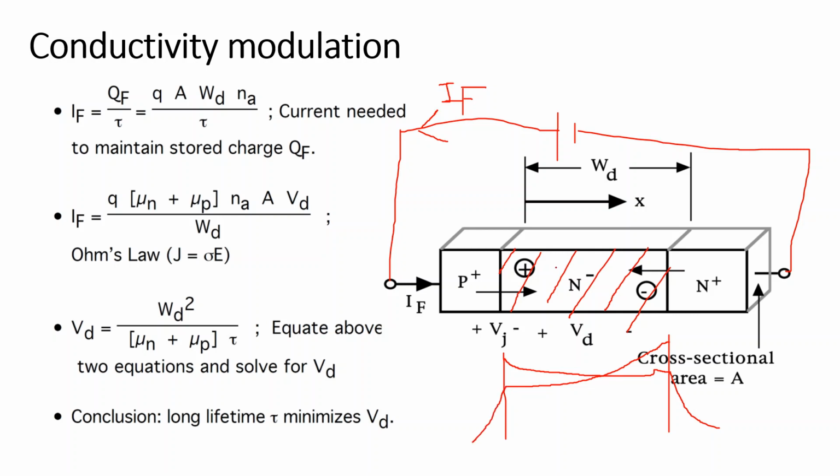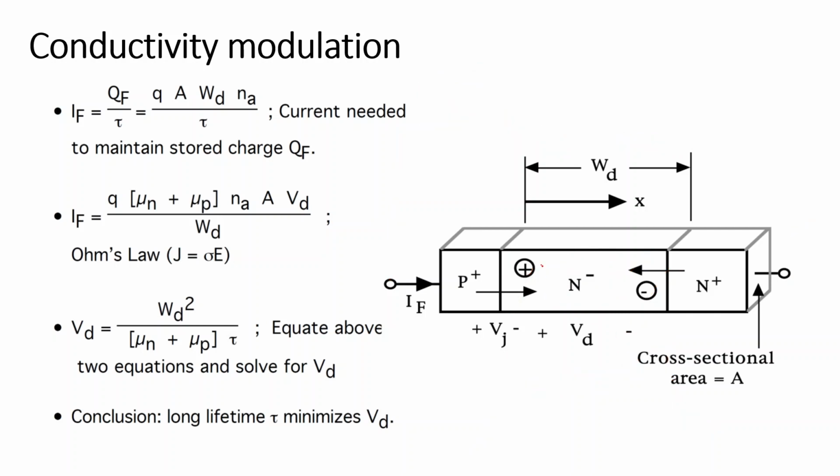So this n minus region is always filled with a large number of charges if we keep on providing this current, right? If we do not provide this current, then what will happen? With time, these charges which are filled here will recombine slowly and will become zero.